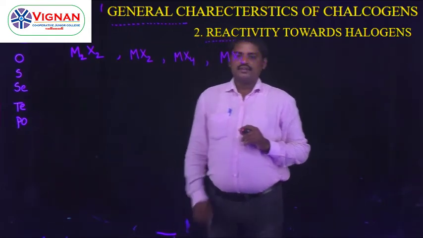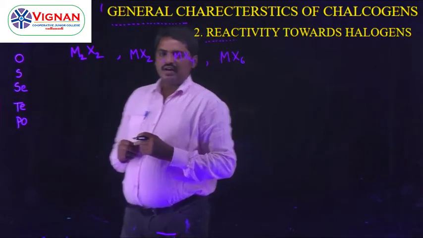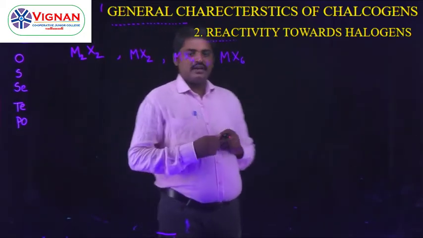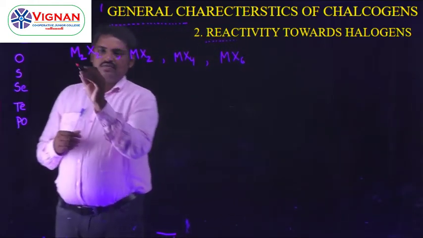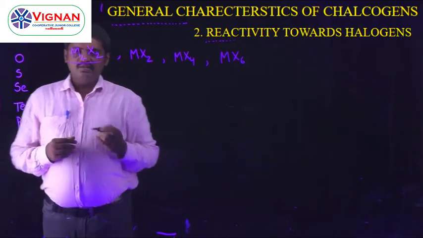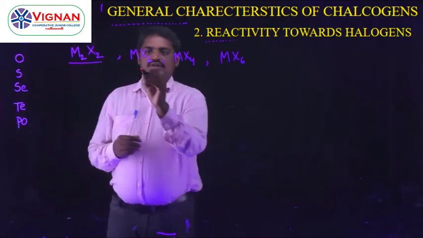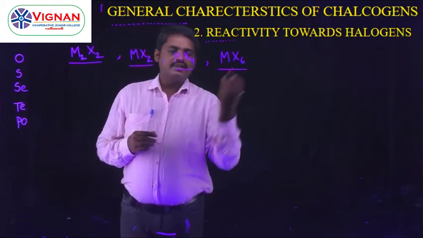Generally, 16th group elements react with halogens to produce these different types of halides.